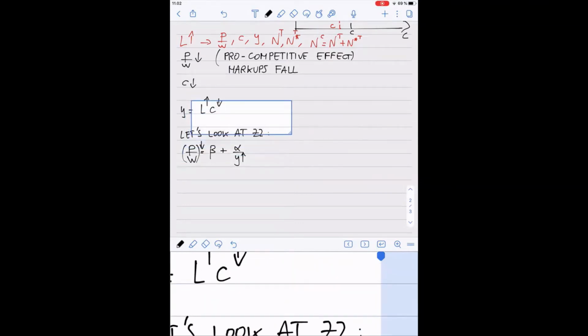So what we can establish is that Y is increasing. Total output is increasing. Okay? So this actually makes a lot of sense.